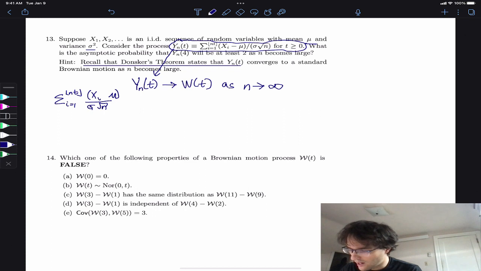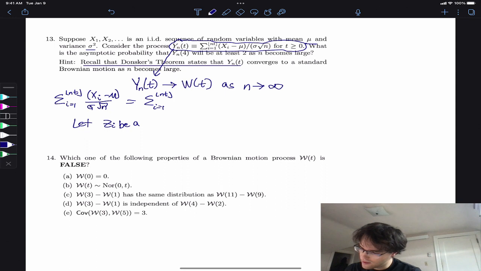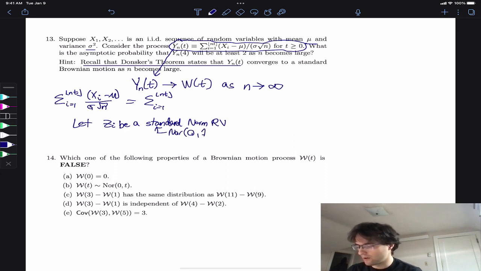If you subtract the mean and divide by the square root of the variance, which is just sigma, then that's basically a standard random variable, still summed from i equals 1 to nt. So let Zi be a standard normal random variable, which means a normal random variable with mean 0 and variance 1.